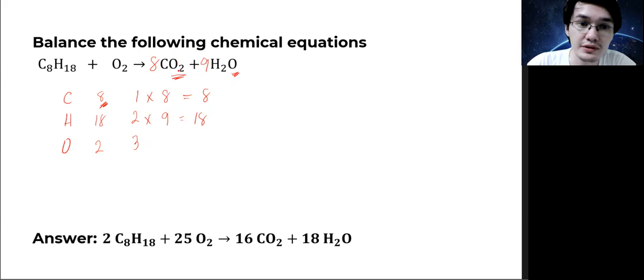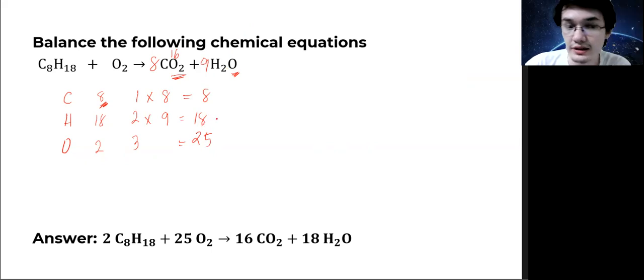So 8 times 2, we have 16 oxygen atoms plus 9, which is 25. So we now have 25 oxygen atoms. Now, the oxygen in the reactant side is not equal to the oxygen in the product side.